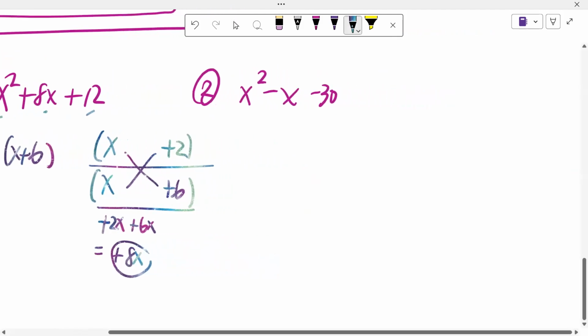Second one, similarly, right? Break down the x squared as x times x. Now we're gonna break down minus 30. It has to be 6 and 5 because 6 times 5 gives us 30, right? And the difference of these two numbers will be the middle term here, minus 1. Middle coefficient is minus 1. It has to be minus 6 added 5 because negative 6 added 5 gives us negative 1.